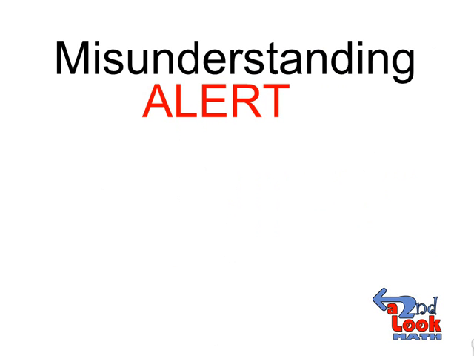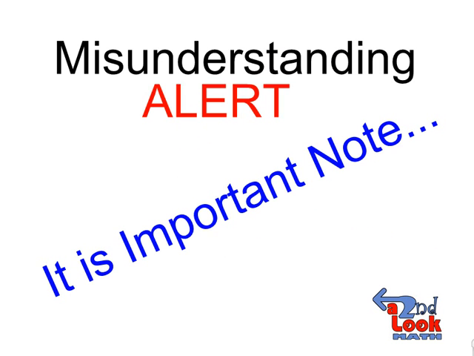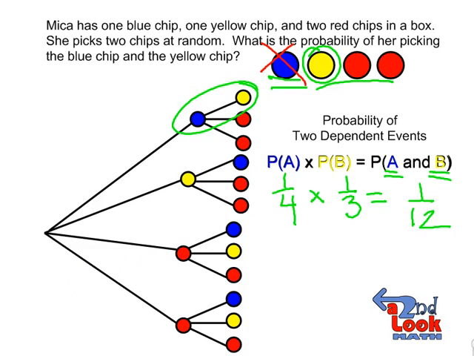After filming this video, a couple misunderstandings came to my attention. This is a misunderstanding alert. It is very important to note that in this drawing, we are actually talking about the probability of a blue chip and then a yellow chip, because we said the answer was 1 out of 12, and that is true, that blue then yellow happens, as we see here in this picture, 1 out of 12 times.